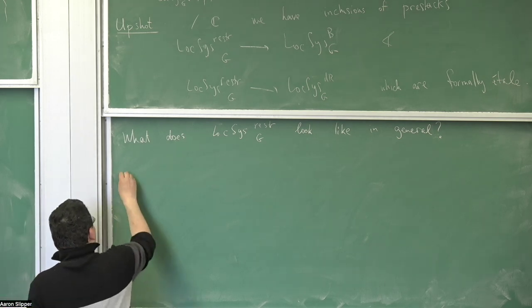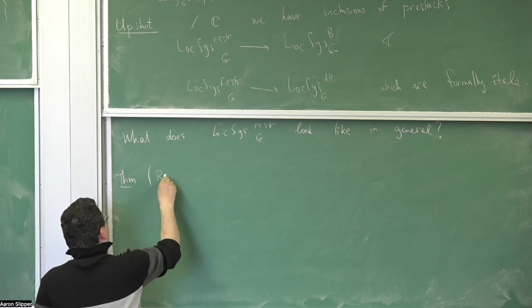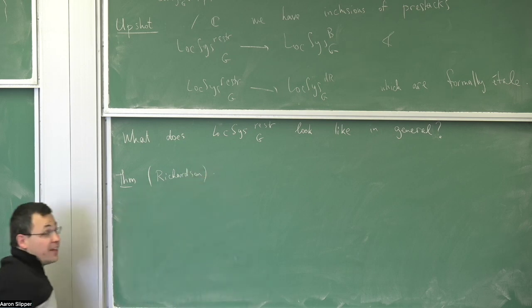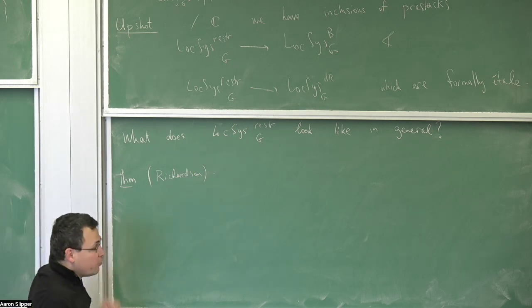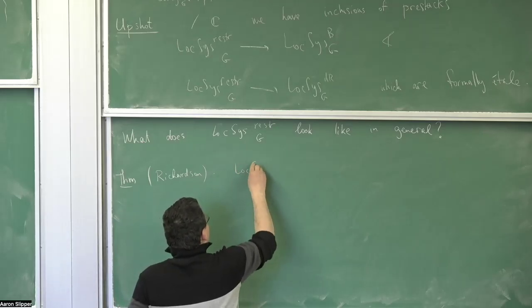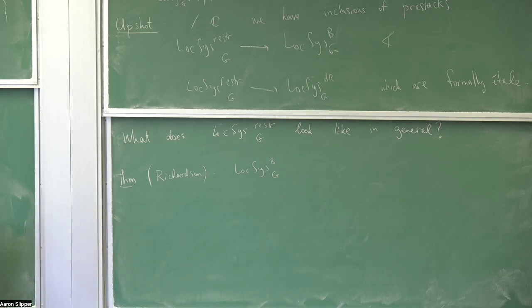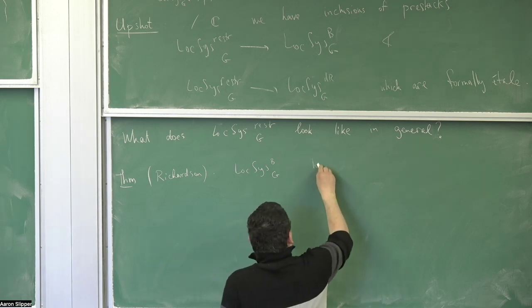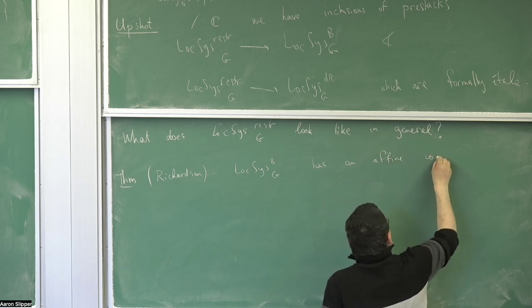First of all, there's a theorem of Richardson from the 80s, which is purely about the Betti version, nothing to do with the restricted version. You look at Galois Betti. This theorem of Richardson was really the starting point for Simpson's work. It's an affine moduli space.